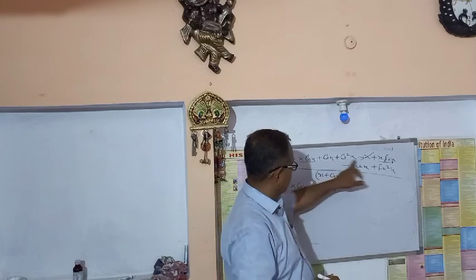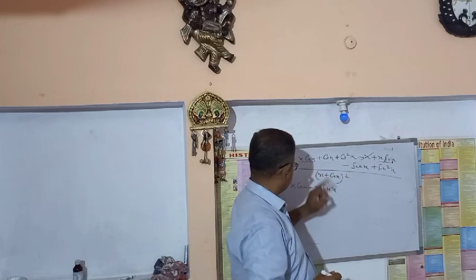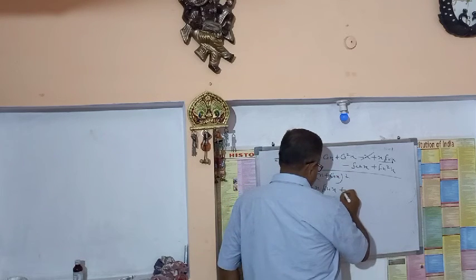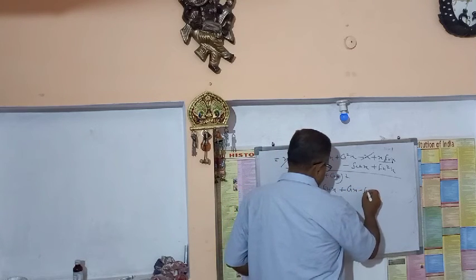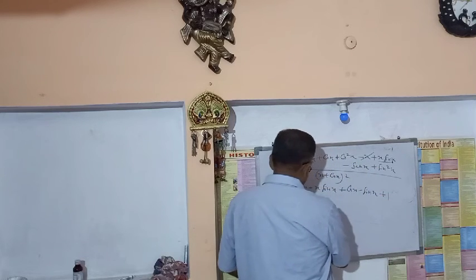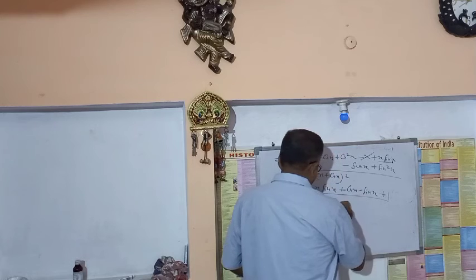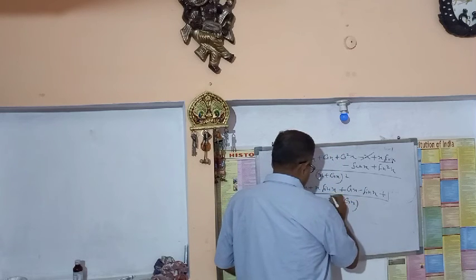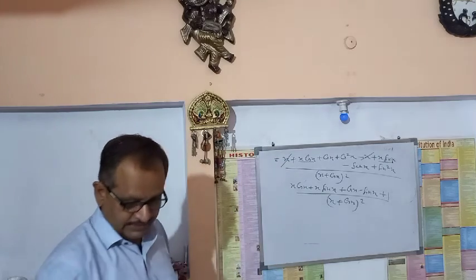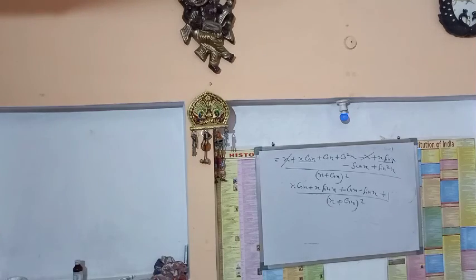Write it together: x sin x plus x cos x plus cos x minus sin x, and sin square x plus cos square x is 1, upon x plus cos x whole square.